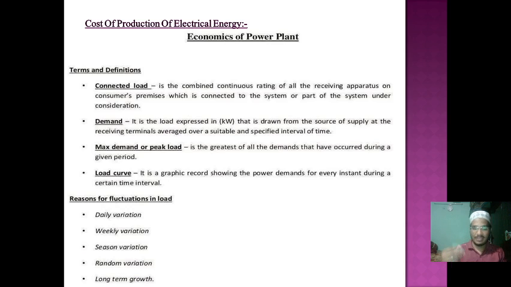So where do we see these things? Daily variation: the load varies daily for some power plants. Consider weekly variation and seasonal variation as well.